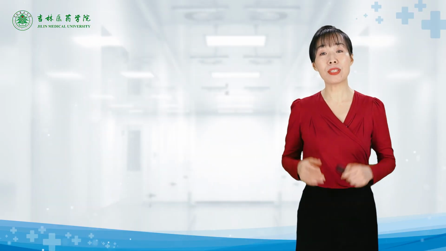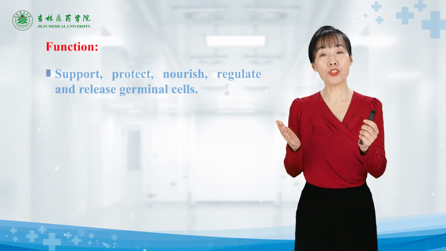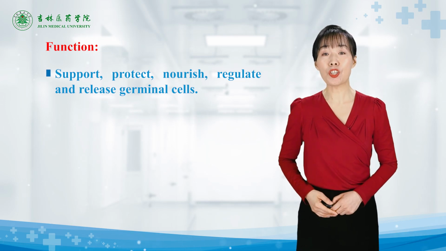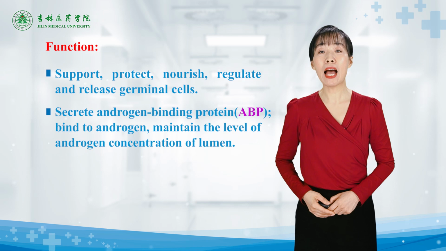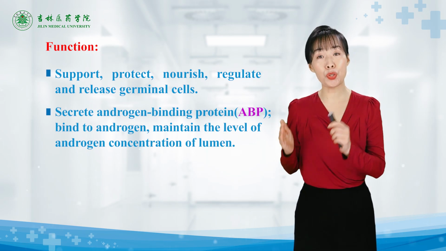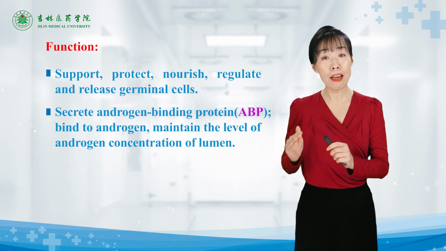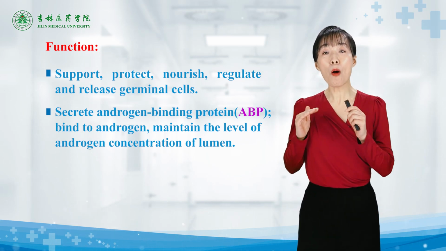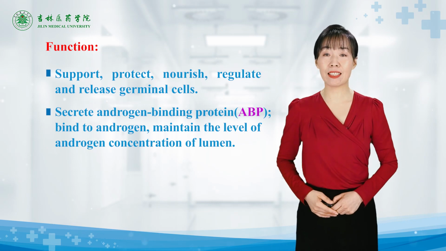Sertoli cells have several functions: support, protect, nourish, regulate and release germinal cells, secrete androgen binding protein, which can bind to androgen, maintain the level of androgen concentration of lumen, and help the spermatogenesis.